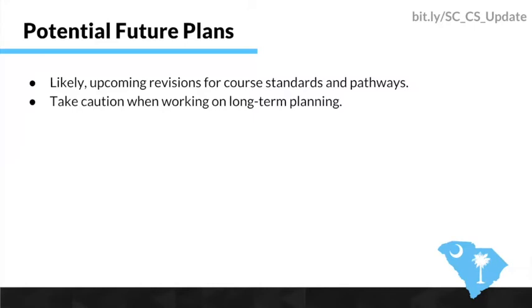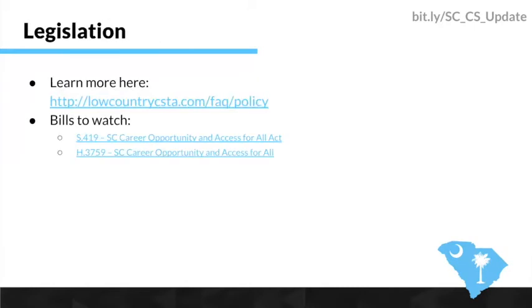But I would anticipate that we are looking at additional changes on the curriculum side, or the instructional side, I should say, with the standards and pathways. So just keep that in mind while you're planning, that we may not have finalized revisions there. Just be very cognizant of that as you move forward.